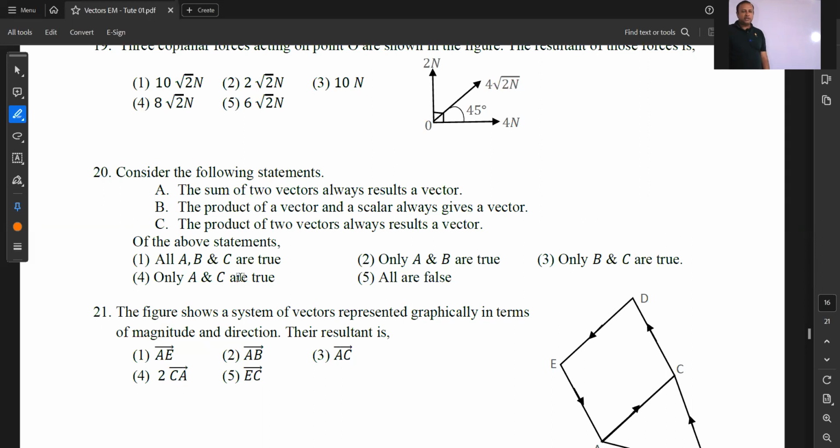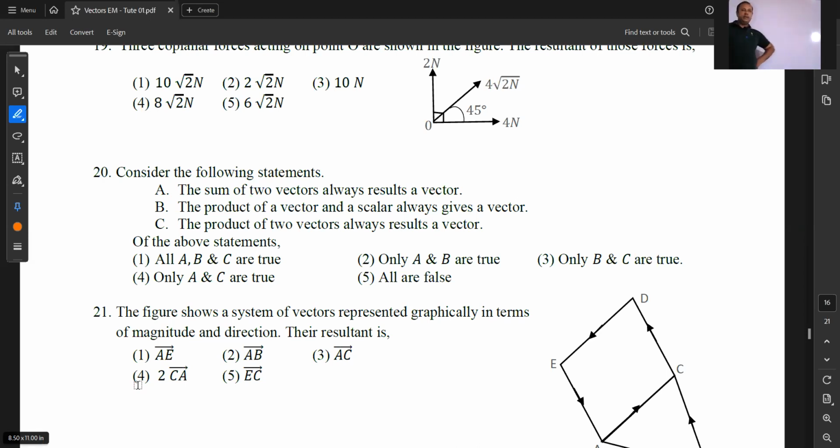Therefore, statement number 1 is correct: the sum of two vectors always results in a vector. The second one: the product of a vector and a scalar always gives a vector. Is that correct or wrong? Yes, that is correct.